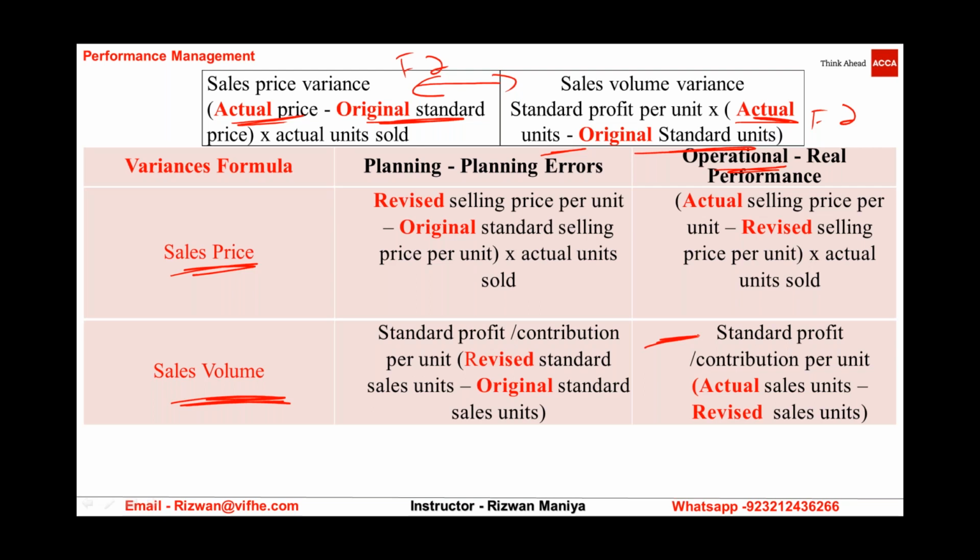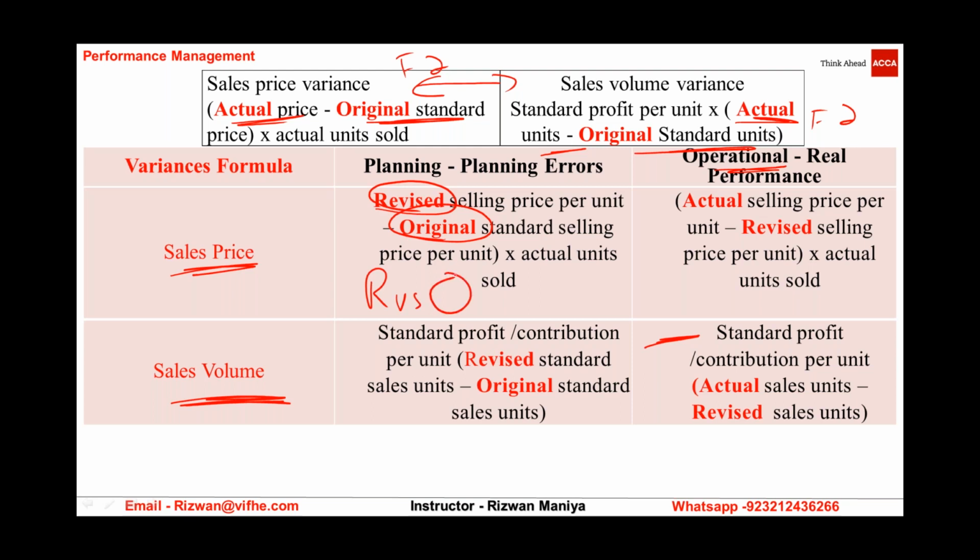Just focus on the bold words. You don't need to remember the formula. If you are good in the F2 formula, then the rest is enough. What is the shortcut for planning here in sales? I'm waiting for your answers. Revised versus original.